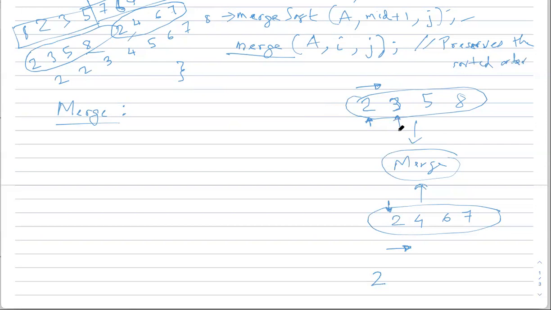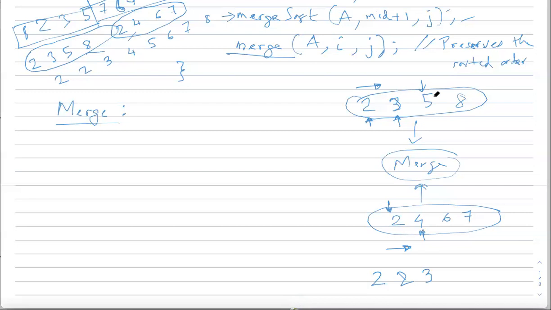Now it compares 2 and 3. 2 is smaller than 3, so 2 gets chosen again, and the pointer can move forward. Now the next comparison is between 3 and 4. 3 is smaller, so 3 gets chosen, and the pointer moves forward.